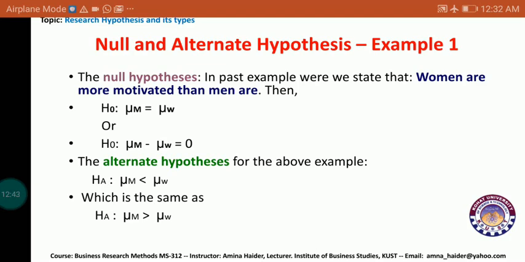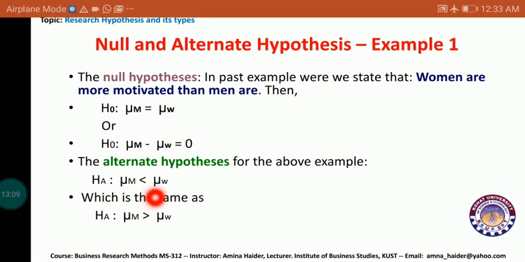In the first case, H0 indicates a null hypothesis, and it states that the motivational level of men and women is equal. There is no difference among the groups. And here it's an alternative hypothesis.